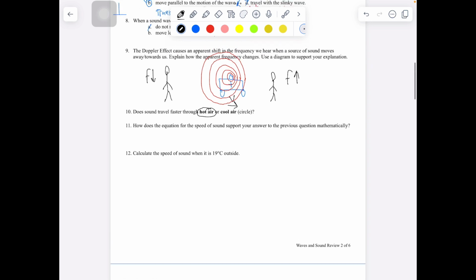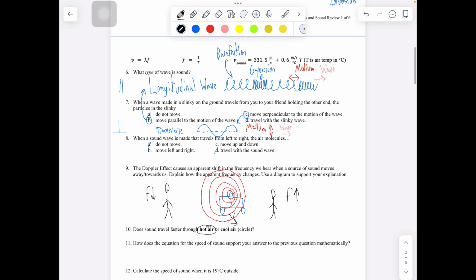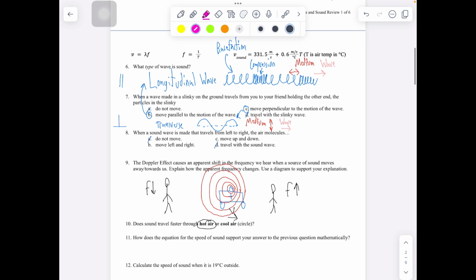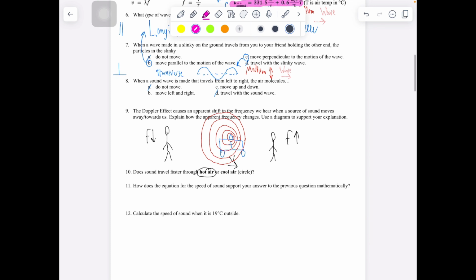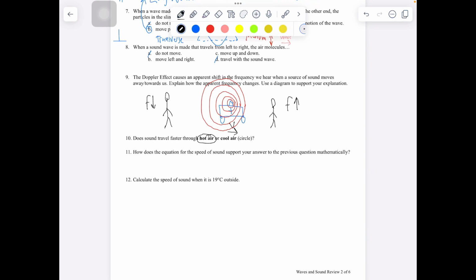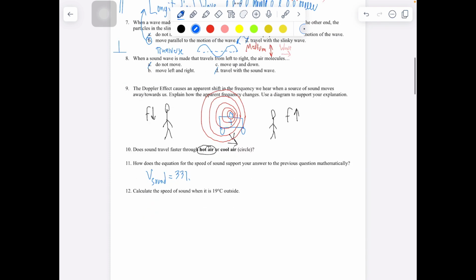If we look at our equation for the speed of sound, which is right up here, let's go ahead and highlight that. This is our speed of sound equation with regards to temperature. We have that same equation: speed of sound in air, 331.5 plus 0.6 T for temperature.